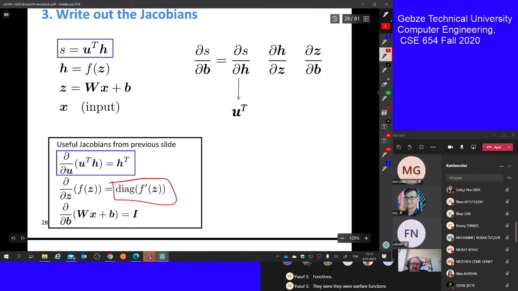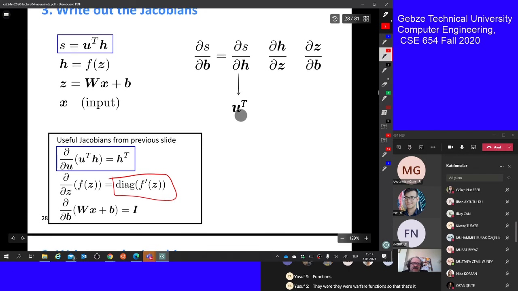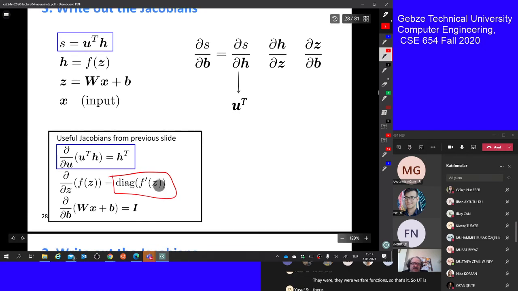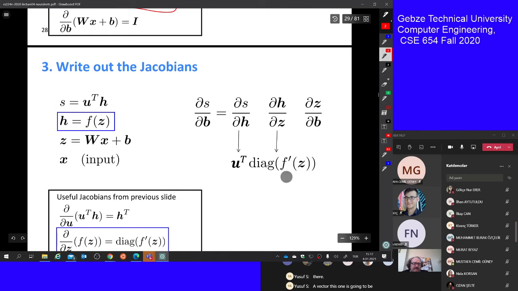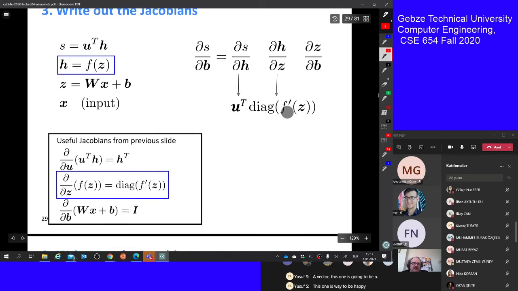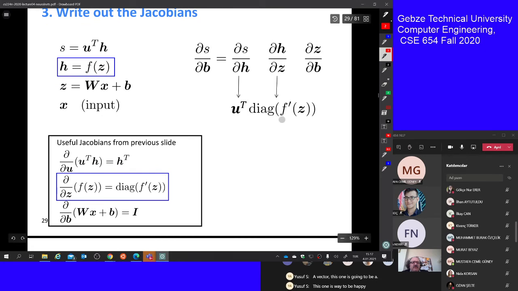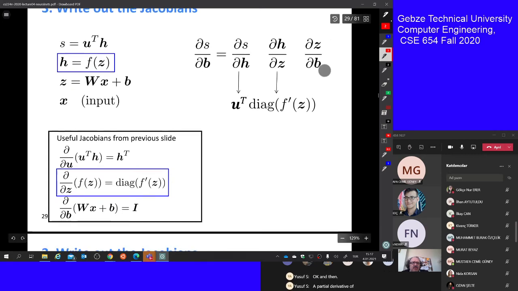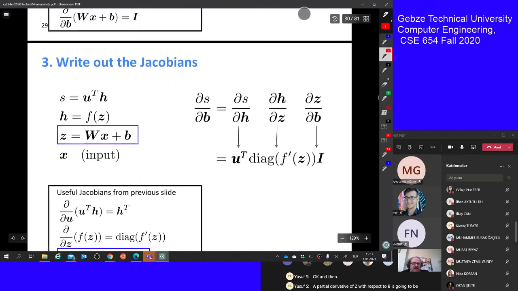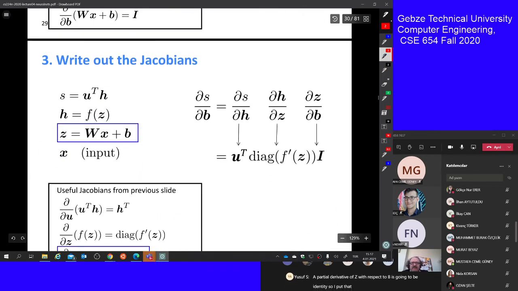So that's it. So U^T is a vector. This one is going to be a what? This one is going to be a matrix, but only the diagonals are there. Okay. And then partial derivative of Z with respect to B is going to be identity. So I put an identity in here.